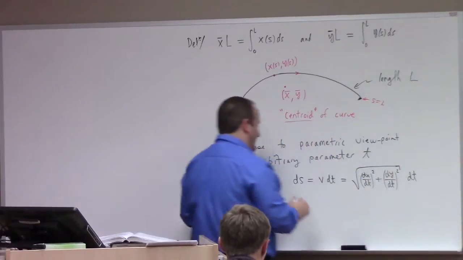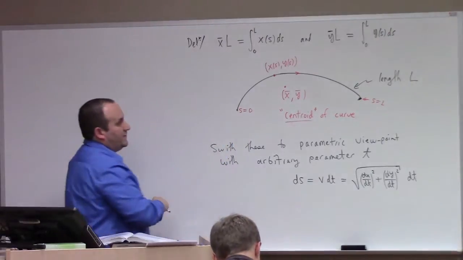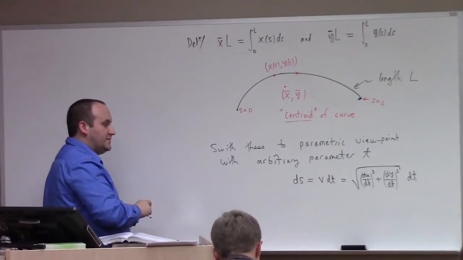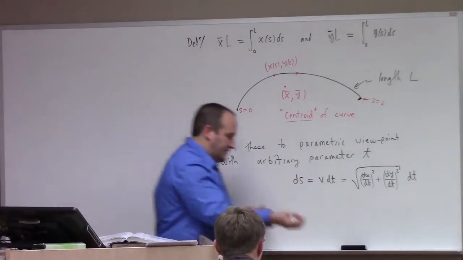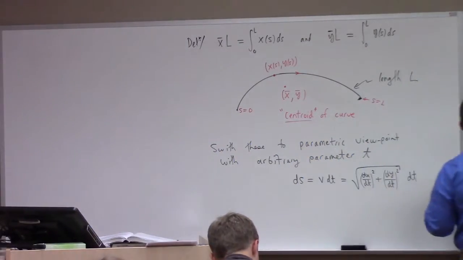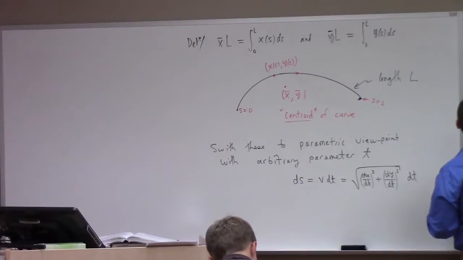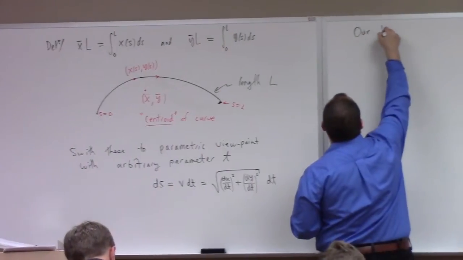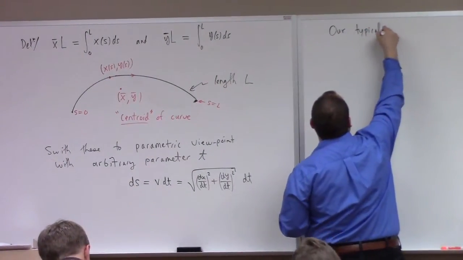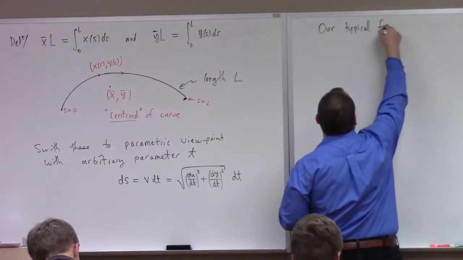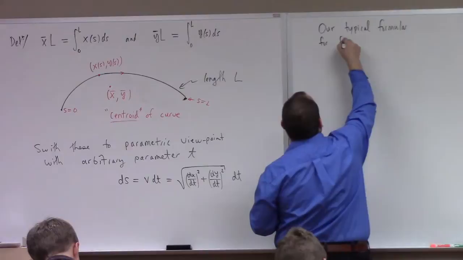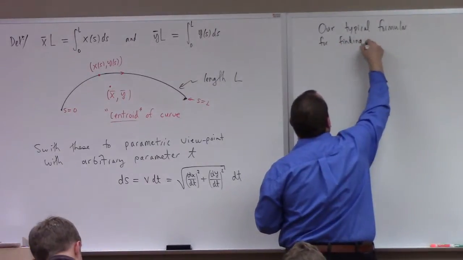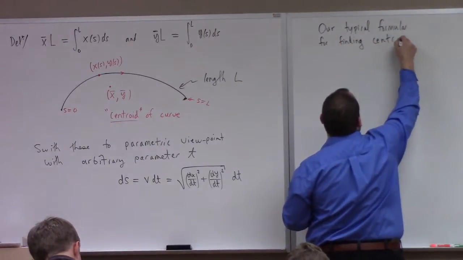So my ds in these formulas, I can convert to dt by multiplying by speed. And so that's what we're going to do. So here are our typical formulas for finding a centroid of a path.